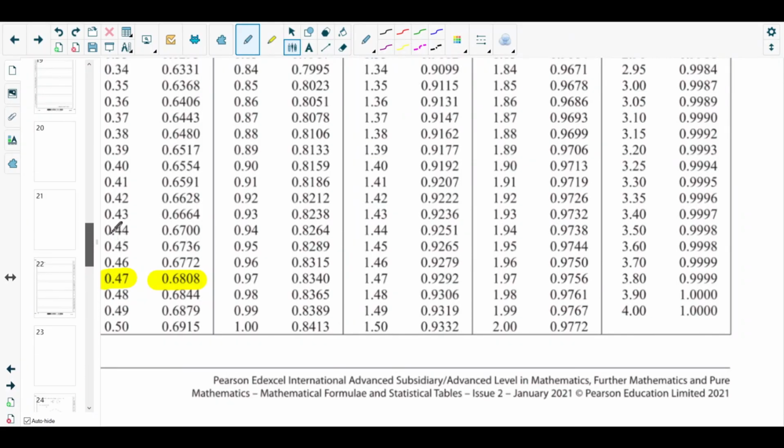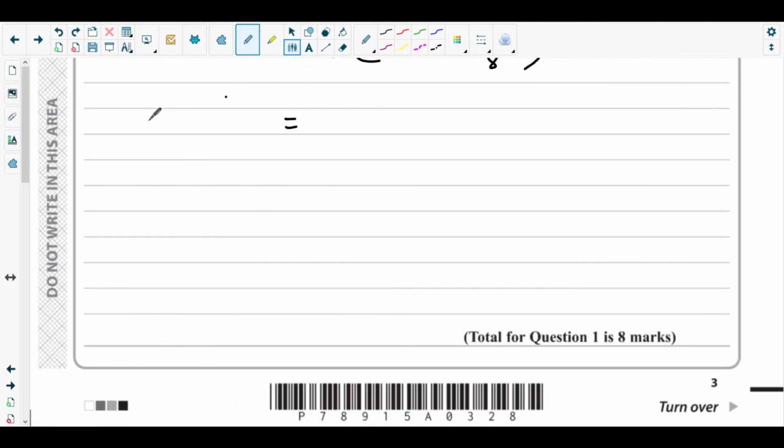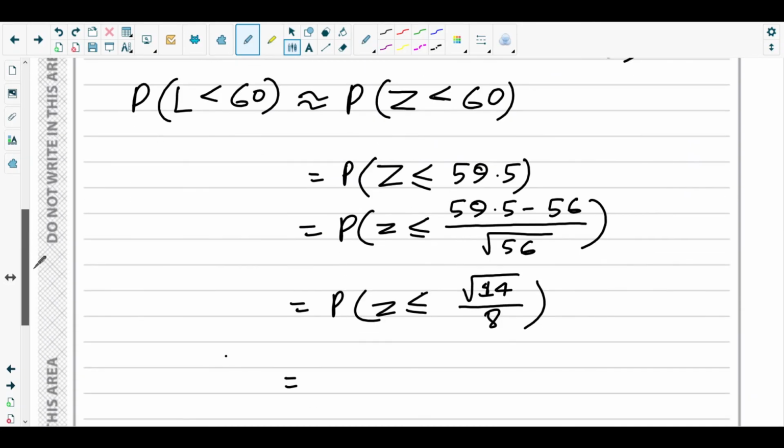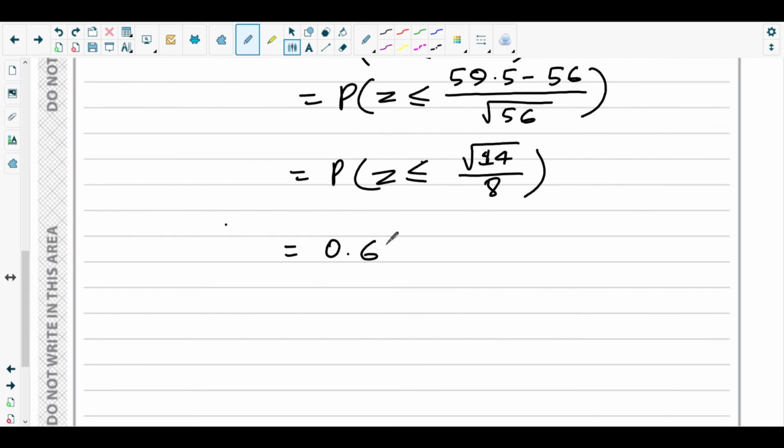Everything is set. So we get 0.680, and the exact value from the calculator is 0.68068. We can round it to 0.680, because after the decimal, writing the trailing 0 or not has no effect.